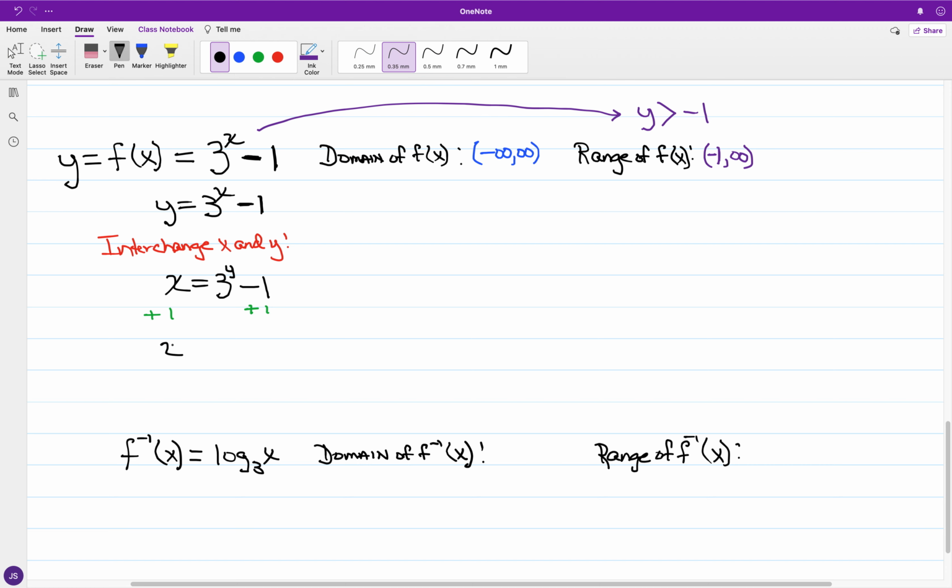So I'm going to have x plus 1 is equal to 3 raised to the y. Instead of x, I now have x plus 1, and it is equal to 3 to the y. And again, I'm going to take care of the 3 upon applying base 3 logarithms on both sides. So we have the base 3 logarithm of x plus 1 is equal to the base 3 logarithm of 3 raised to the y.